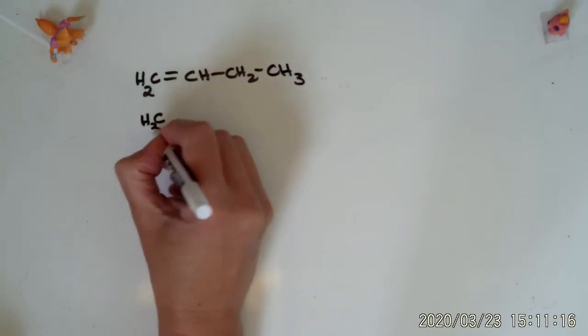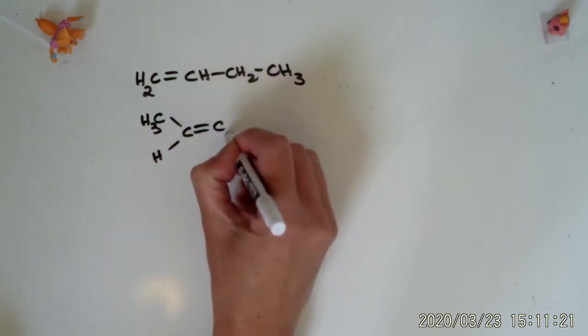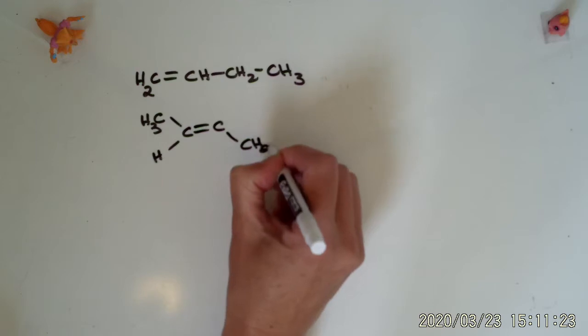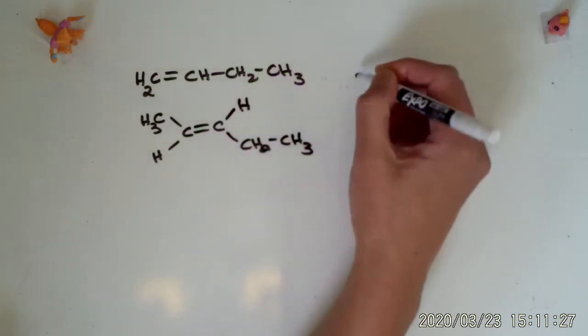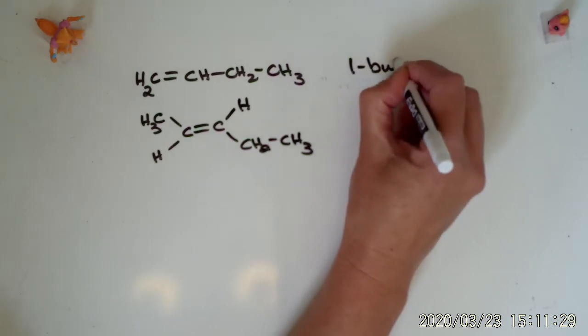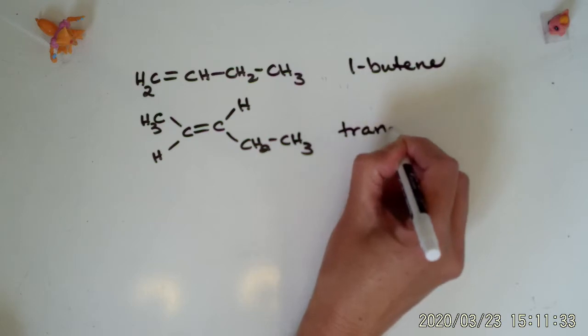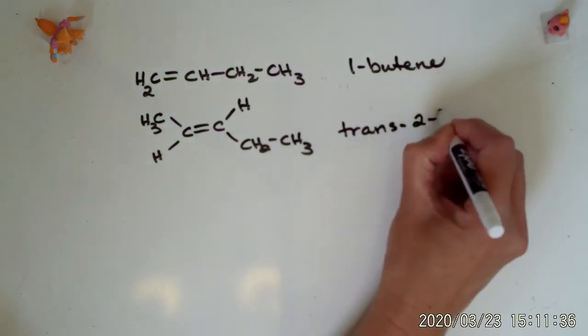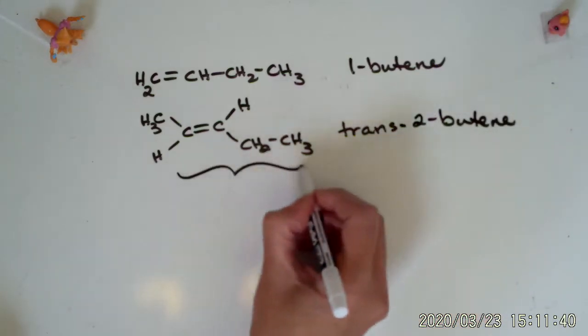This is trans 2-butene. And what we find is this one is more stable.